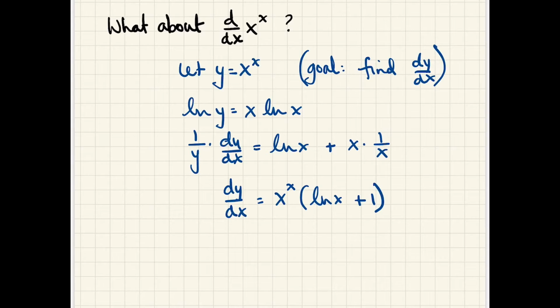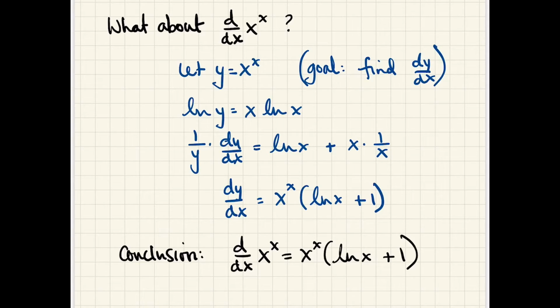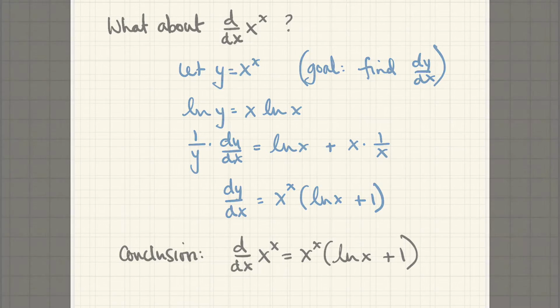So there is our answer. So our conclusion is that the derivative of x to the x is x to the x times ln x plus 1, which is actually the sum of the two false answers that we saw earlier. It's kind of neat.